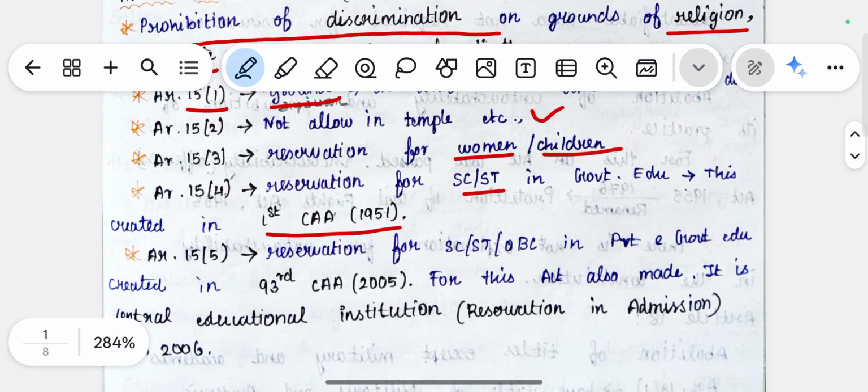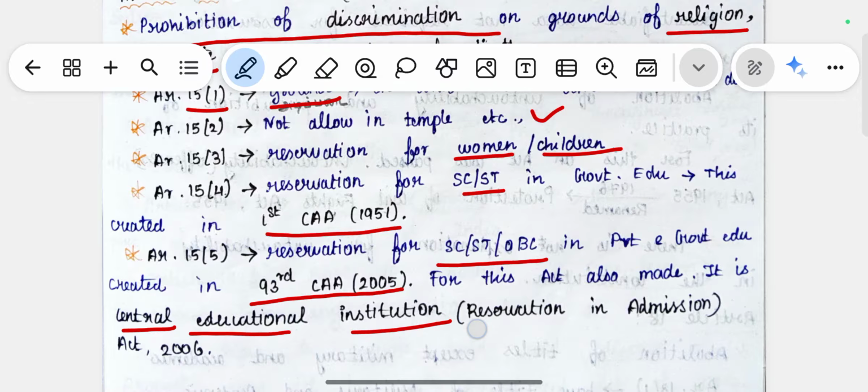Article 15 clause 5 deals with the reservation for SC, ST and OBC in private and government organizations, which was added in the 93rd Constitutional Amendment Act of 2005. For this, a particular act was made, called the Central Educational Institutions Reservation in Admission Act 2006.